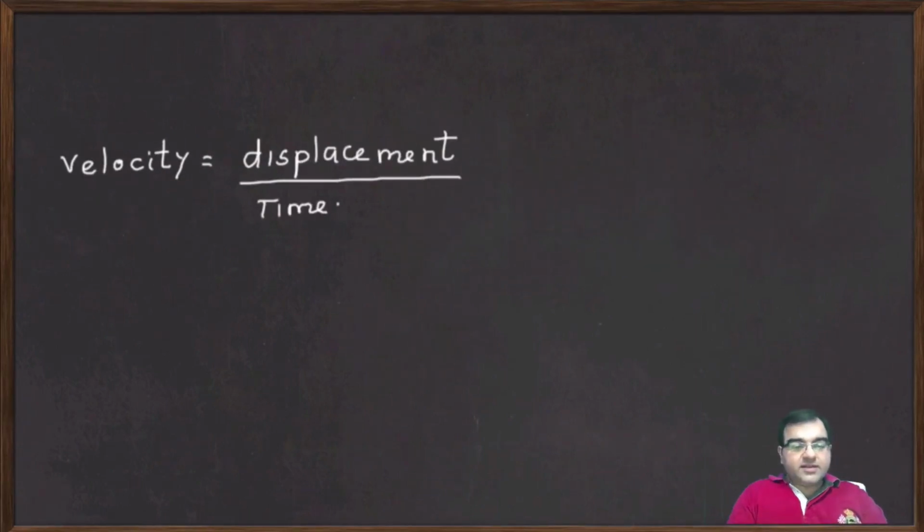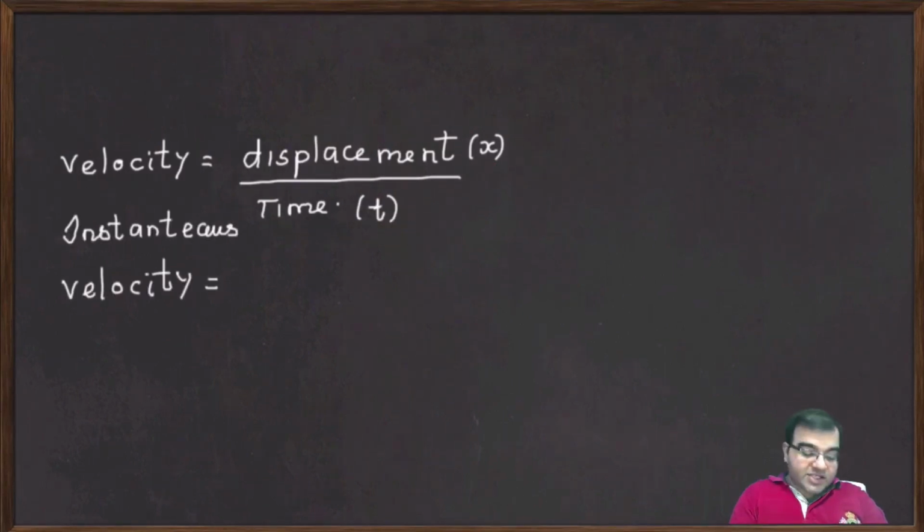Now we know velocity is equal to displacement upon time. So if you call your displacement x and your time t, and I am interested in talking about instantaneous velocity, if you remember the fundamental videos, I had told you that whenever you talk about instantaneous velocity, instantaneous means at that instant, and for representing instantaneous we use the derivative.